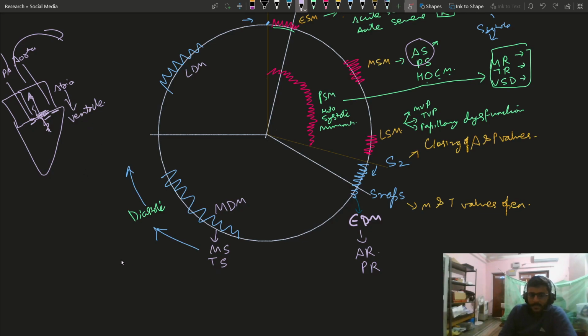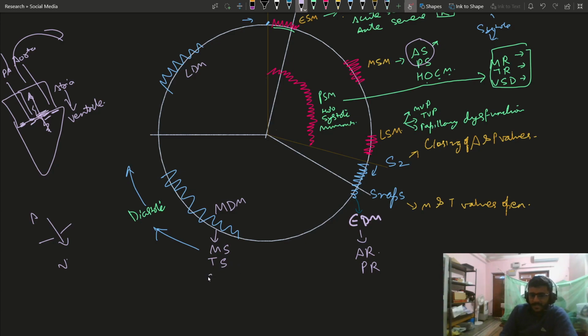So the stenosed valve will not allow the blood from atrium to enter the ventricle. That will produce a murmur in the mid diastolic period. So these are two of the reasons. Similarly, on this side you have the tricuspid valve causing the same issue with its stenosis.